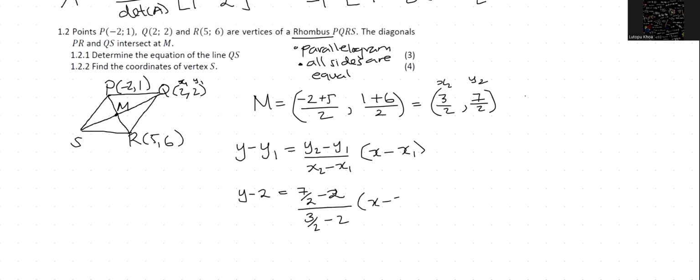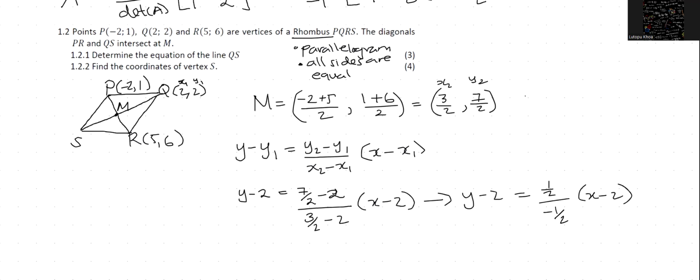So from here we have y minus 2. Here 7 over 2, that's 3.5, minus 2, that's a half. And then in the denominator, we have 1.5 minus 2, that's minus a half. And then x minus 2. So this is negative 1.